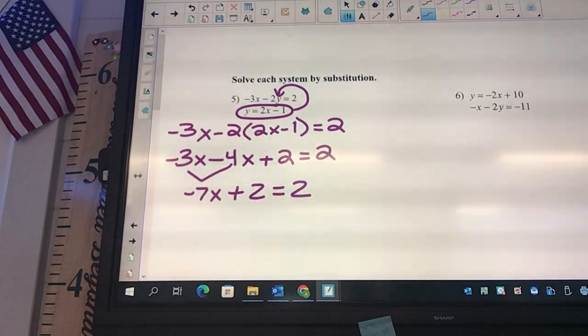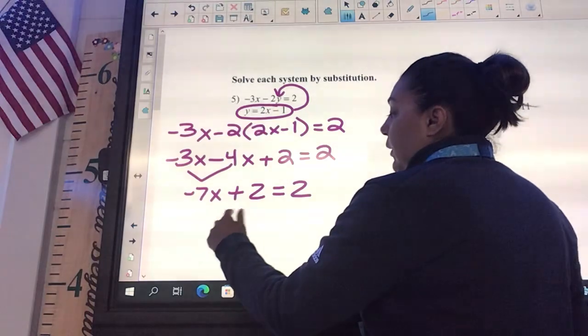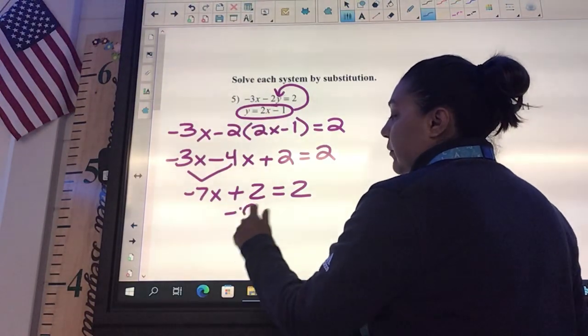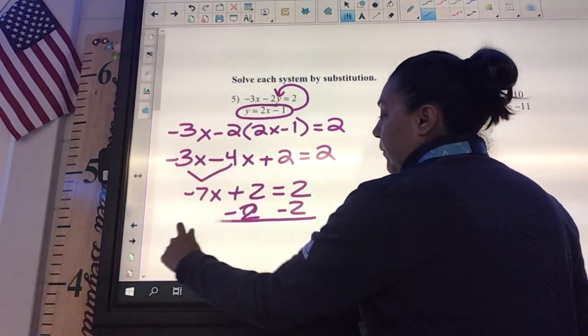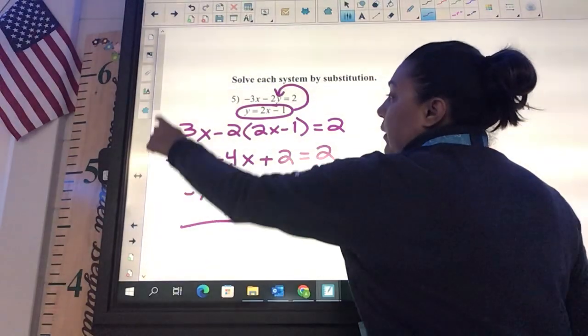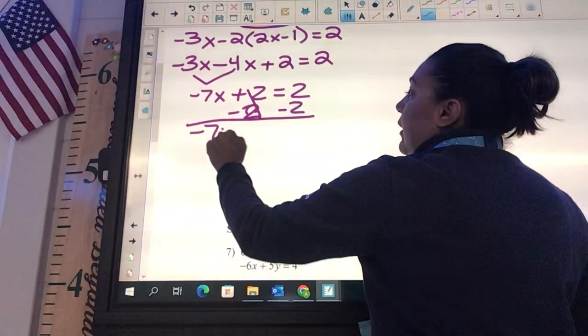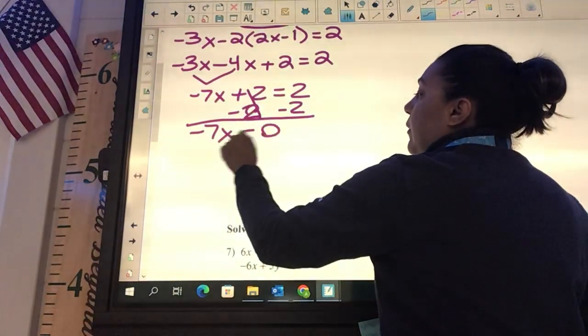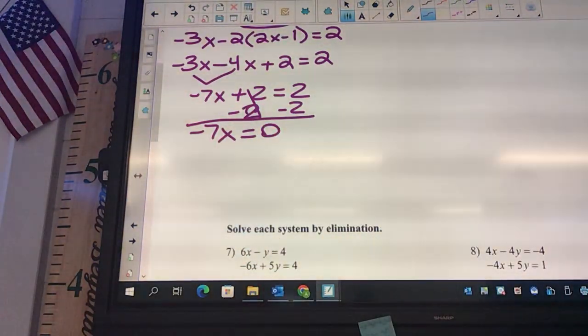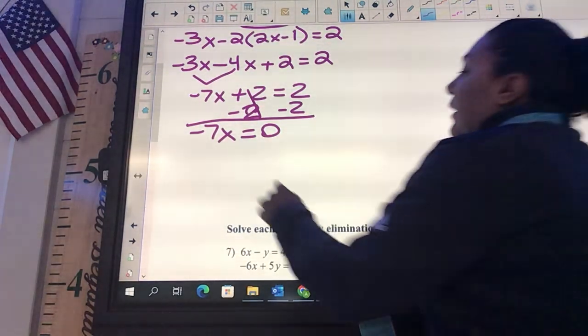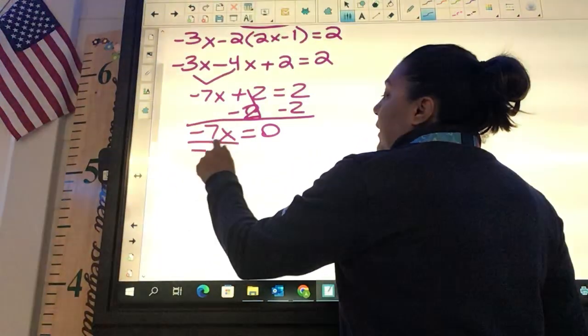Okay, and then what? We're going to subtract 2. Okay, so you're going to get negative 7x equals 0. The solution to that linear equation is x. Okay, and then divide by negative 7.